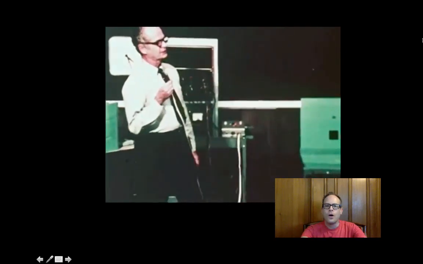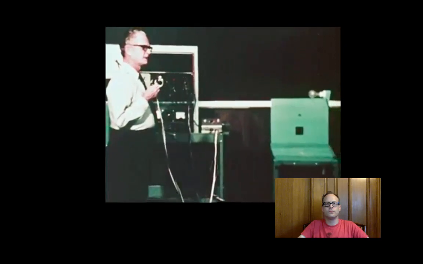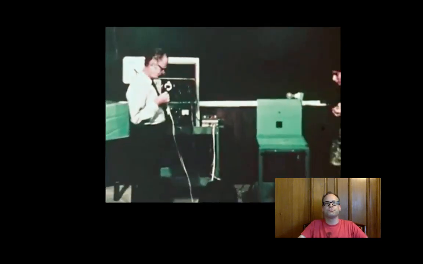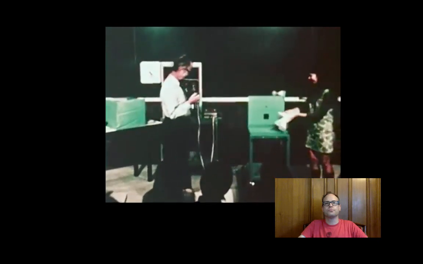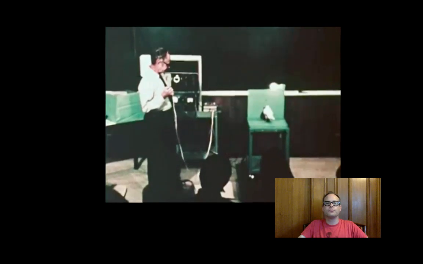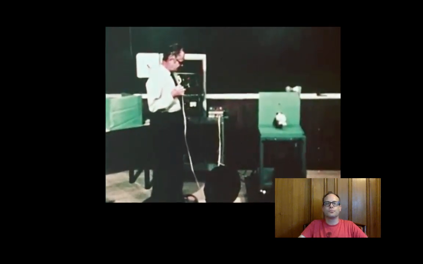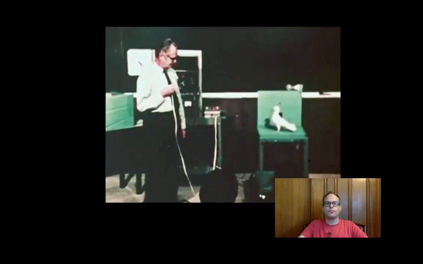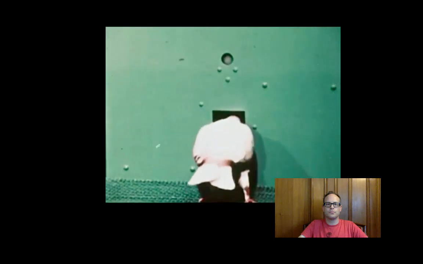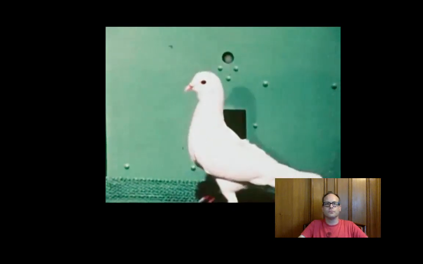Pigeon now, and I will try to pick out some particular pattern of behavior and make it a more frequent part of the repertoire of the bird. I find this bird has been already conditioned to eat when the magazine sounds and the light flashes. Now we'll just watch its behavior a bit. It's not doing anything in particular, you see, but I'm going to try to get it to do something.